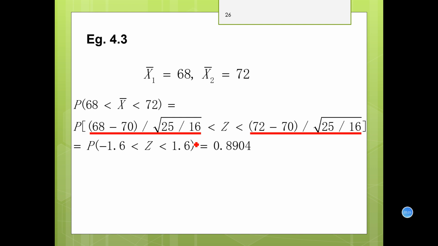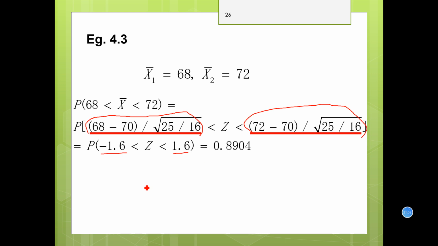Okay, so here we put all the numbers into the formula. This is the first one when x bar equals 68, and this is the second one when x bar equals 72. We can get two z values, and we find that the first z value is negative 1.6, and the second one is 1.6, a positive number.